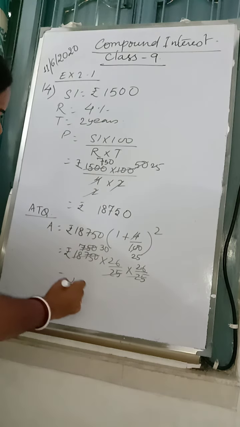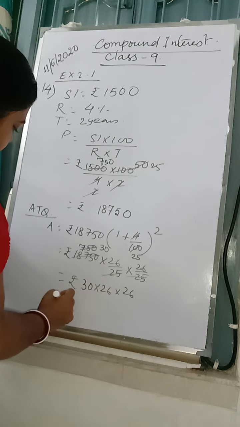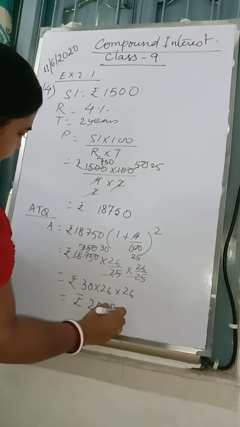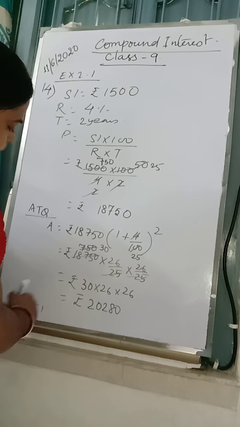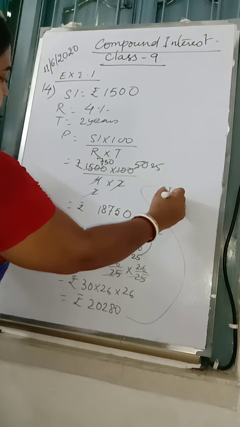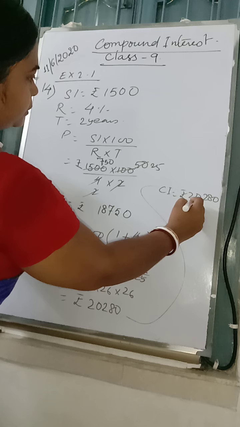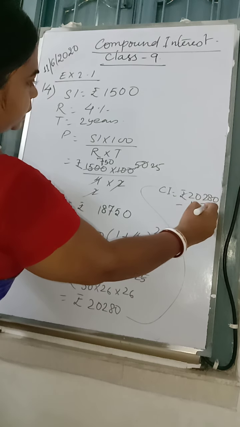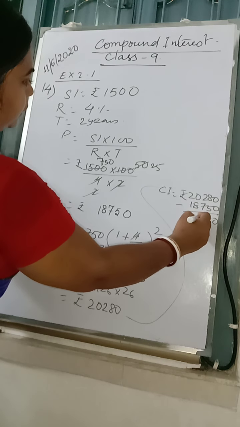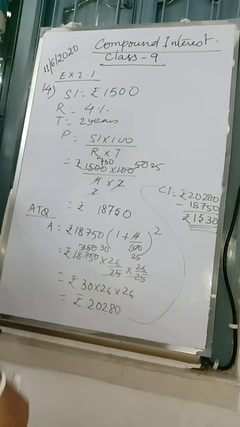So it is rupees 30 into 26 into 26, or when you multiply it gives you rupees 20,280. So CI would be rupees 20,280 minus rupees 18,750. So this gives you 1,530. This is the CI, is it?